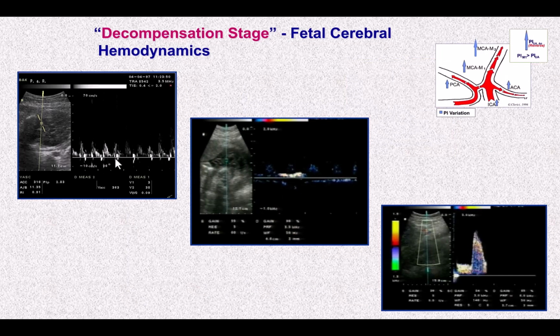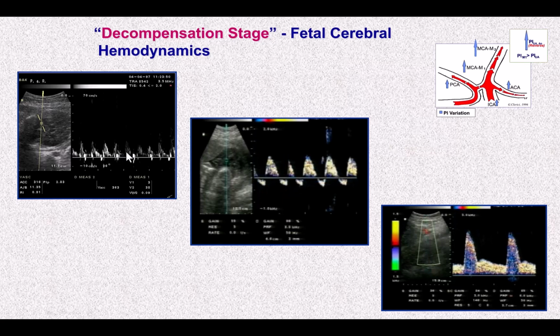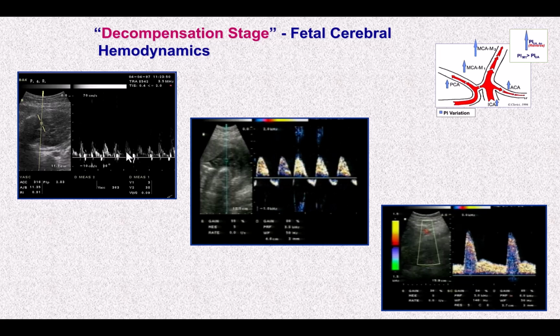You can see very clearly here a reduction in the forward flow and particularly in the diastolic flow, with reverse flow in the umbilical artery and in the other arterial districts of the fetus, and always an altered placental perfusion.